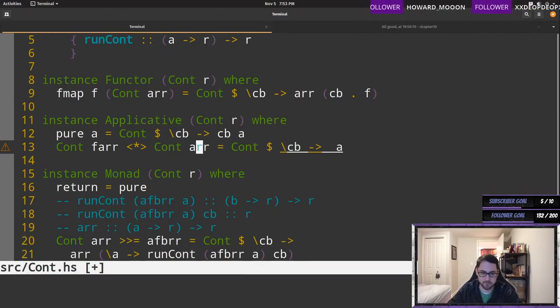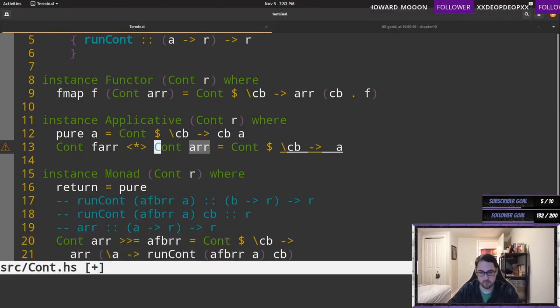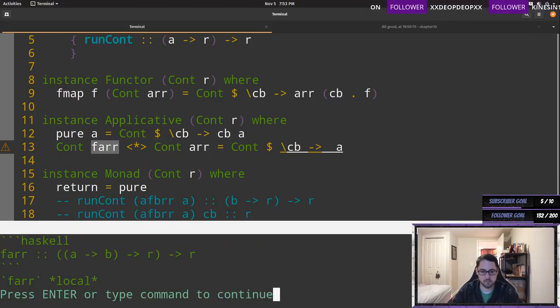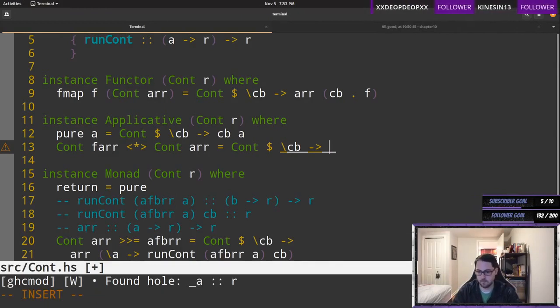Eat R. All right, and then if I remember correctly, we need to... there's another lambda in here somewhere.